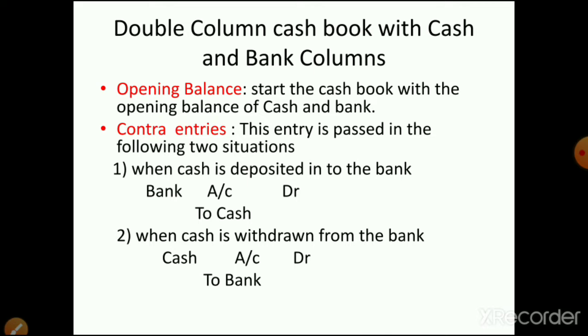Usually business people have contact with the bank, so sometimes the bank will do those transactions for us. Sometimes our customer will deposit directly into the bank, so the money is received in the bank, and that time we also have to write it in the bank column. The bank already has our account with an online system of maintaining accounts, and they will make entries applying the debit credit rule. But at the same time in our cash book also, whatever bank transactions are happening, we also have to record.